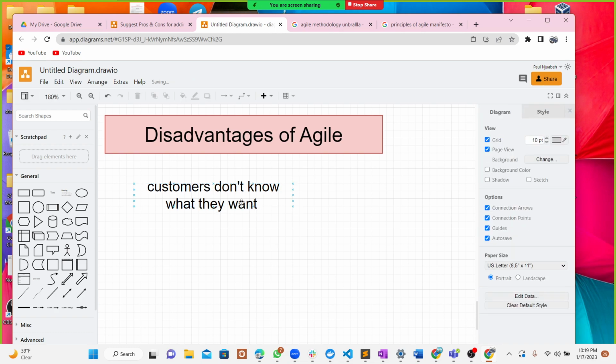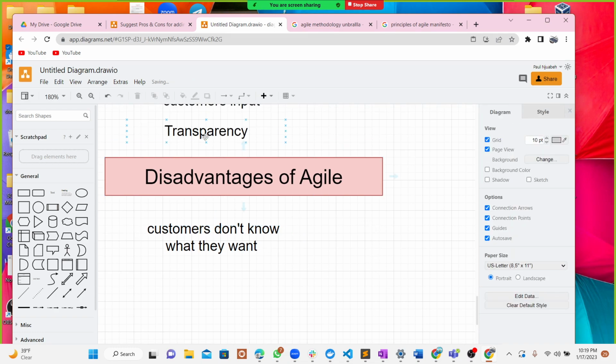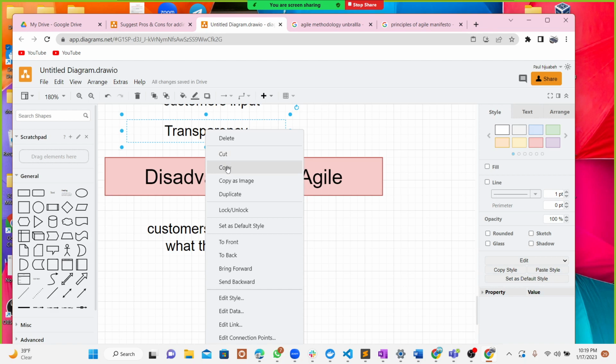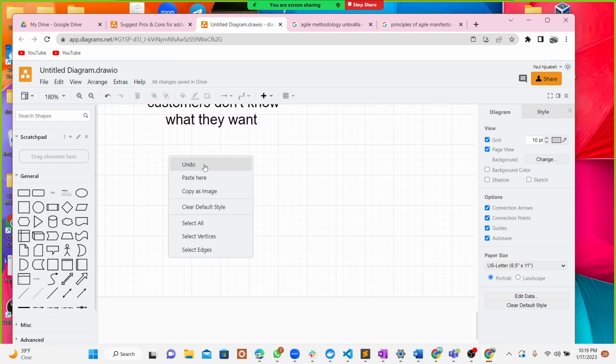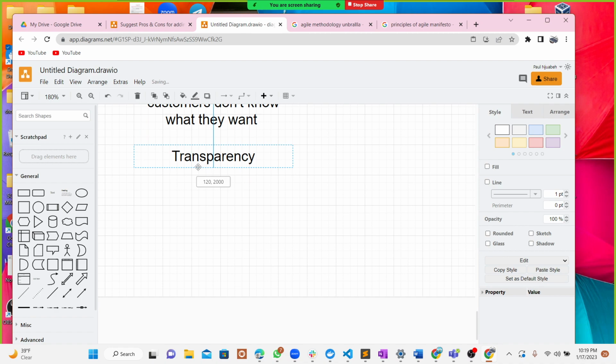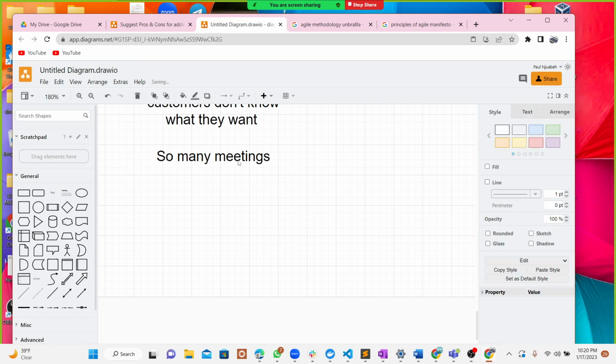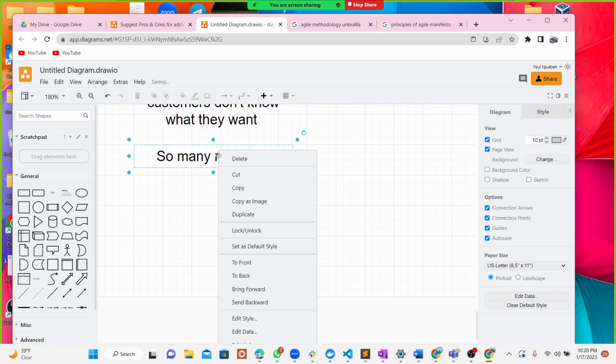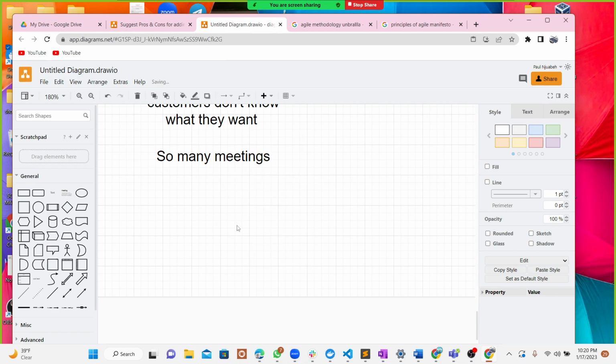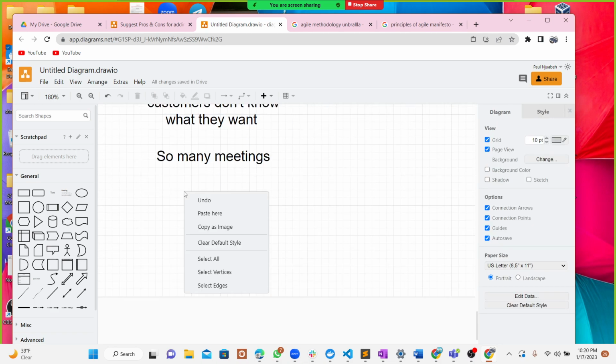Then the next disadvantage is that there are too many meetings. So many meetings in Agile, so they are wasting resources. And another disadvantage is that requirements are not fixed. Requirements are constantly changing.